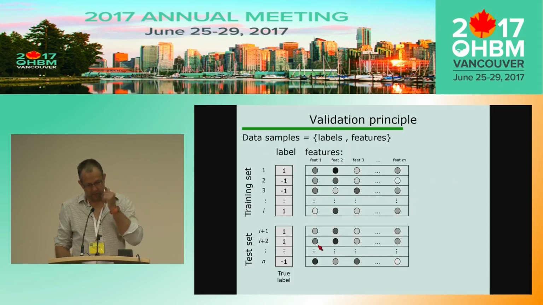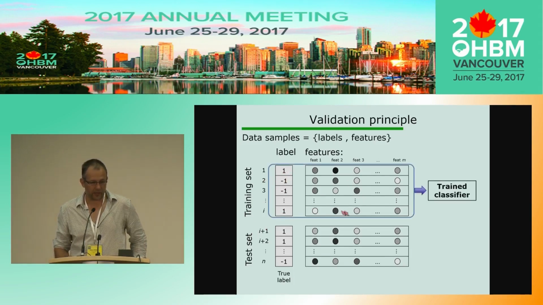The validation principle. Again, there'll be a talk about that later on. The idea is that you take your sets, and if you have thousands and thousands of samples, like for the postcode, then it's easy to split them in two very large different sets, and you do your training. Even if you only have a few dozen subjects, you split them between training and testing.